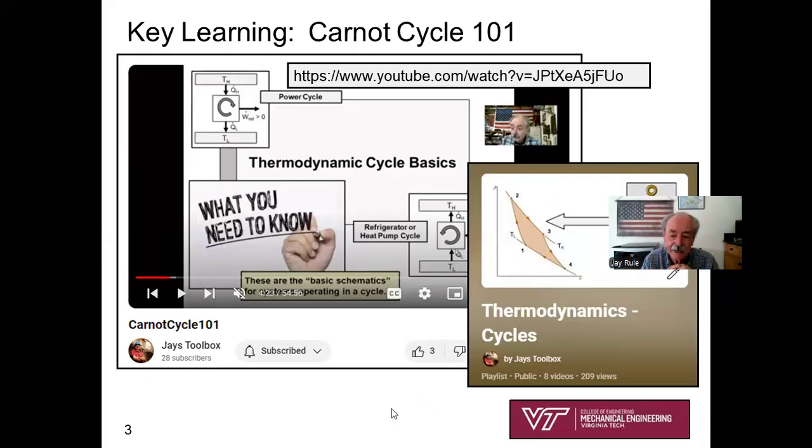If you need a refresher on cycles and thermodynamic cycles in general, in other words, what's the coefficient of performance all about? What's the definition of coefficient of performance for a power cycle? What's the definition of thermal efficiency? I'd like to chase you to my playlist, Thermodynamics Cycles. And if you can find Carnot Cycle 101, that's going to really help you quickly.